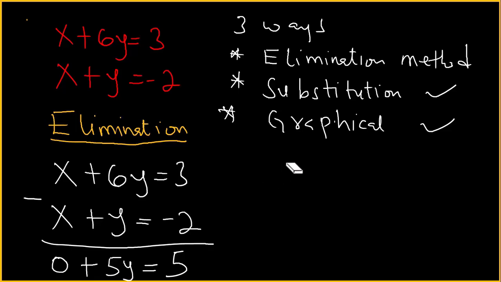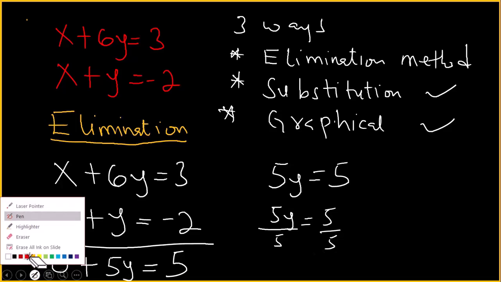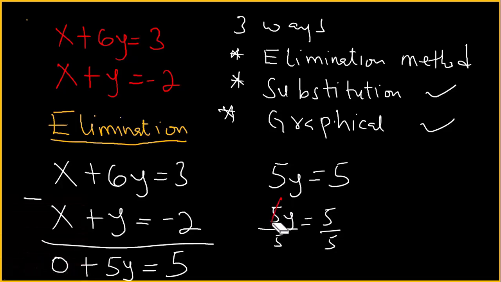Now we have 5y equals 5, and to find y, we divide through by 5. 5 into itself is 1, 5 into itself is 1. So y is equal to 1.